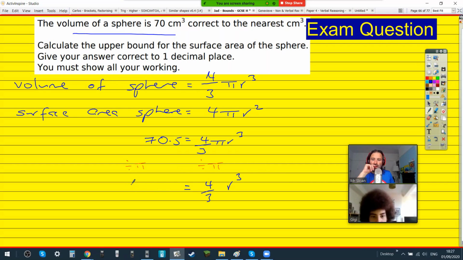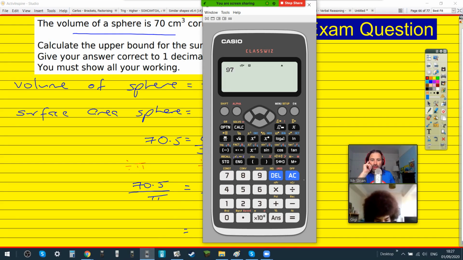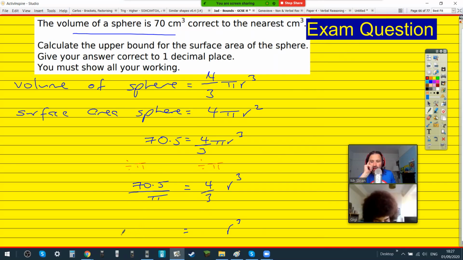22.44. Okay. And then divide it by 4/3. 16.83 is the radius cubed. And then you cube root it.